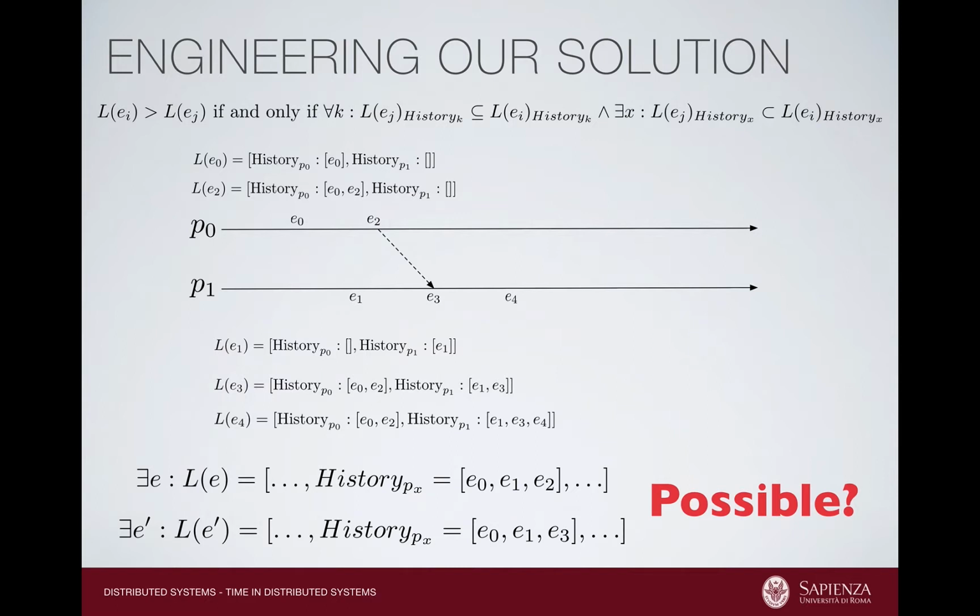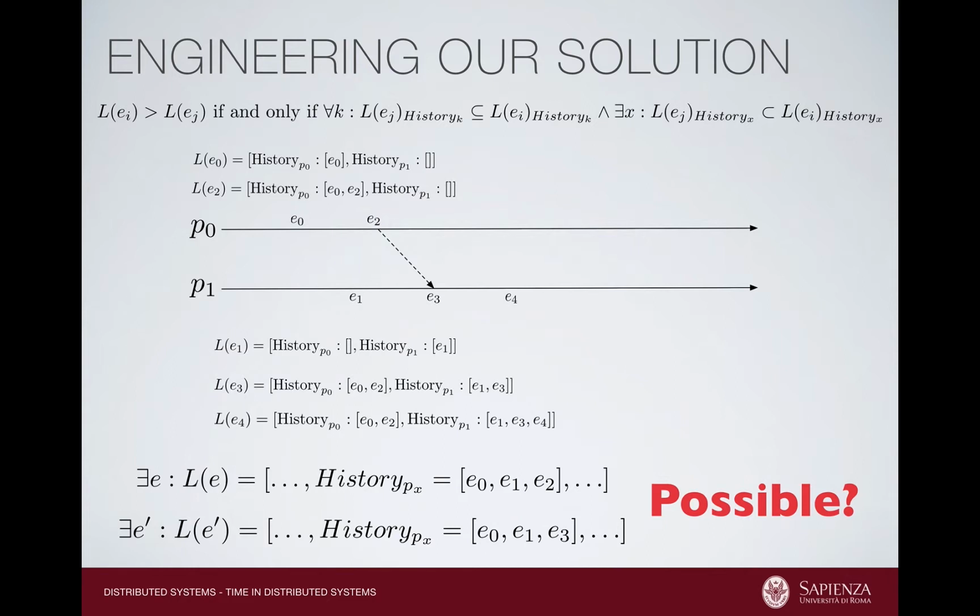The first observation, to answer this question, is that it's not possible to have two events, E and E prime, whose timestamps contain, for a certain process, two histories that have the same number of elements but are different.